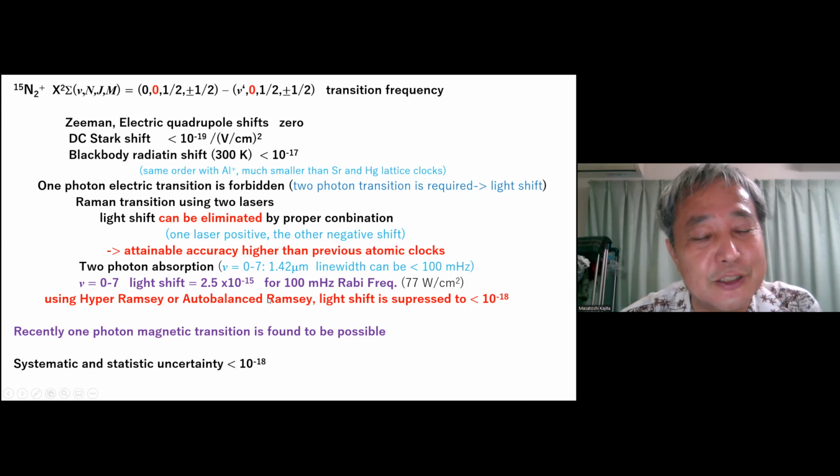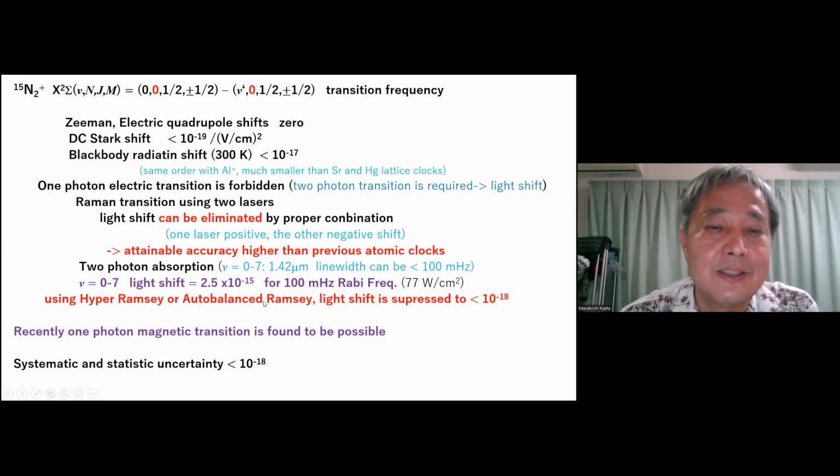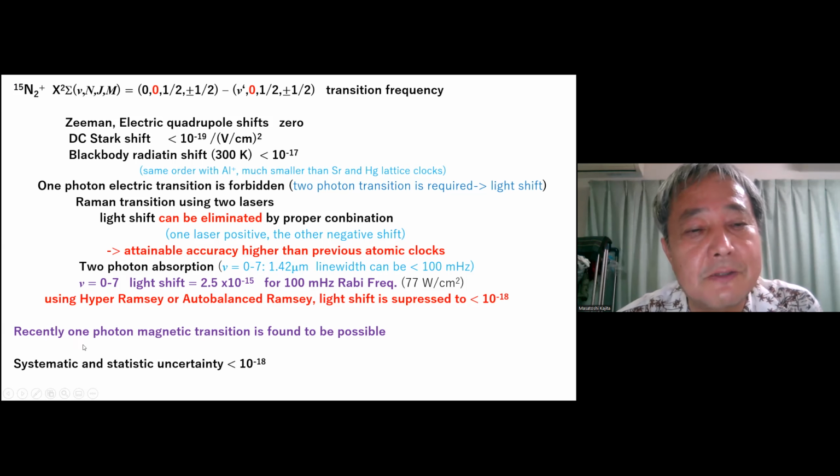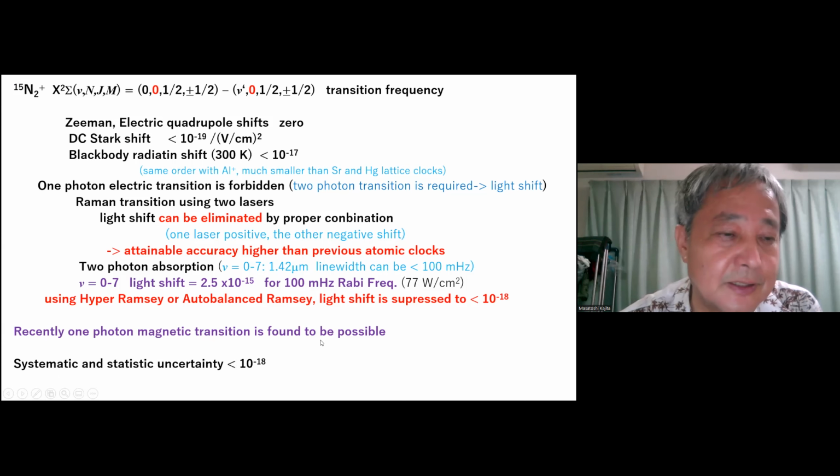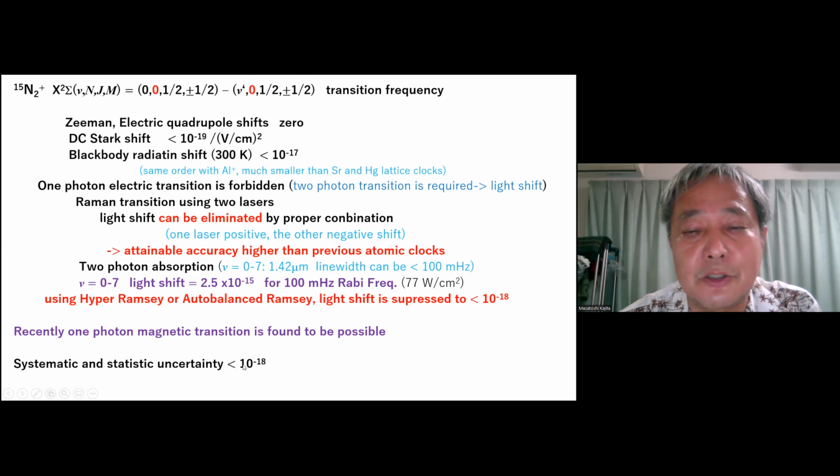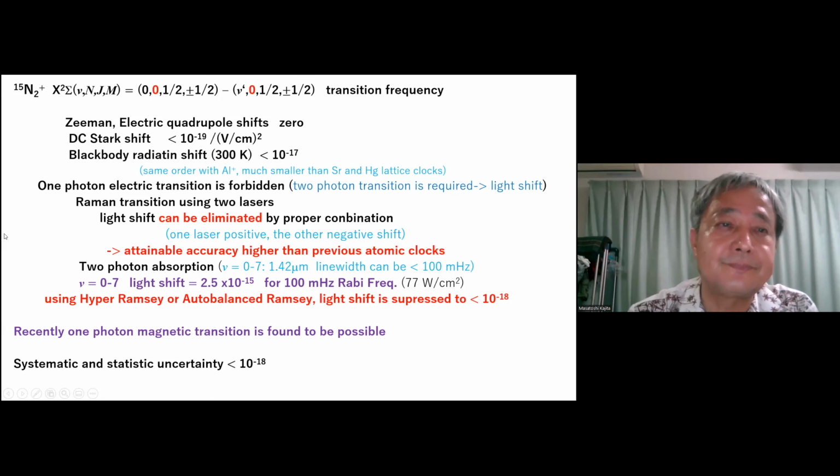It is difficult to explain this method, a rather complicated technology, but it became possible to suppress light shifts. Recently, a one-photon magnetic transition was found to be possible by a group in Basel. Anyway, systematic and statistical uncertainty can be lower than 10⁻⁸.